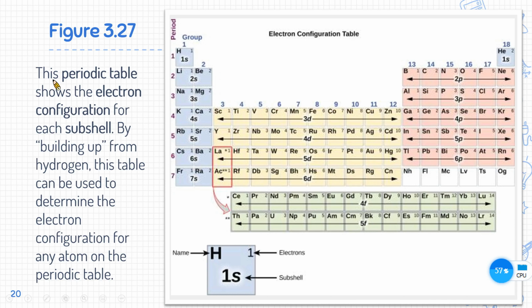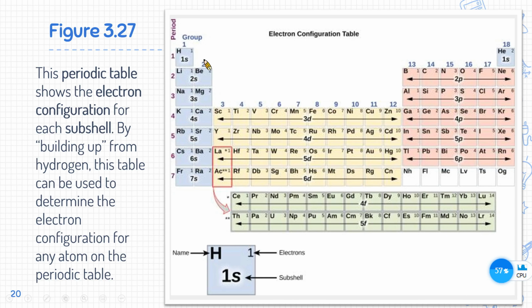This figure, the periodic table, shows the electron configuration for each subshell by building up from hydrogen. This table can be used to determine the electron configuration for any atom on the periodic table. As you can see, here is the electron configuration.